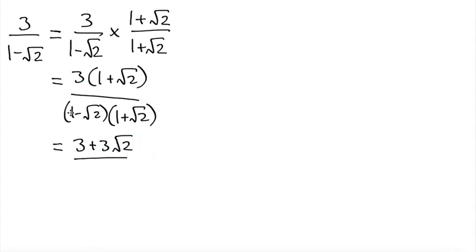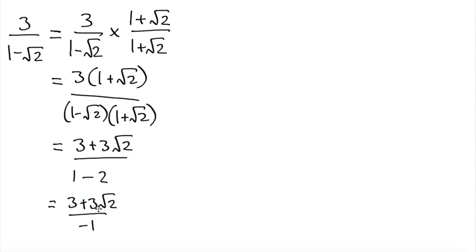And we know from the previous examples that when I multiply the conjugates together, I'm just going to get the multiplication of the first terms. So 1 times 1 is 1, and then minus the multiplication of the last terms. So root 2 times root 2 is 2. So this gives me an expression of 3 plus 3 root 2 divided by negative 1.